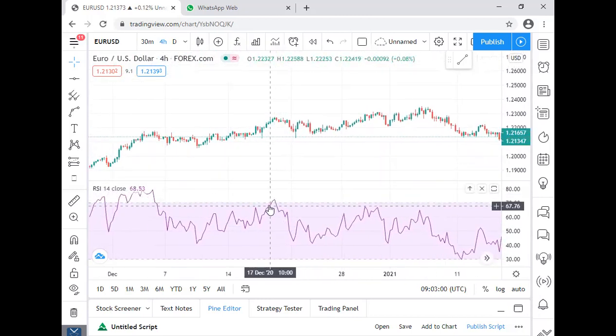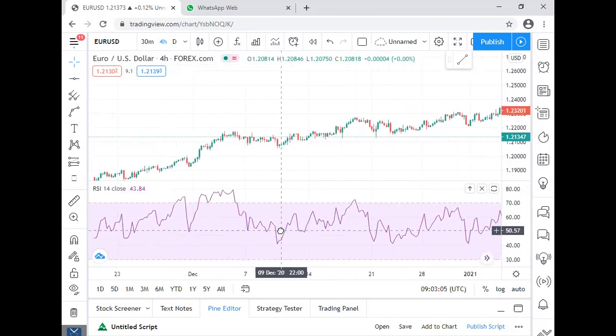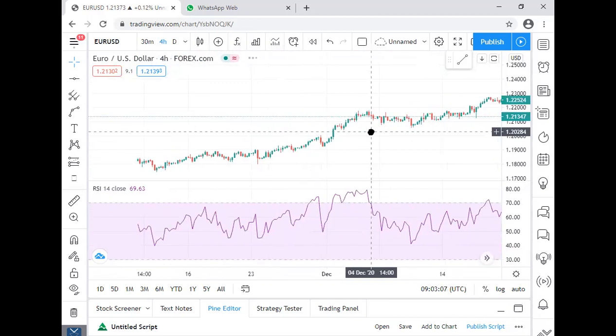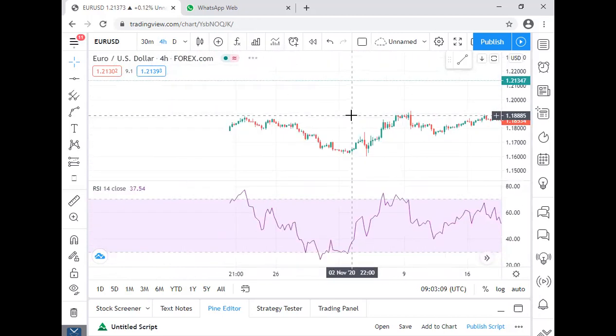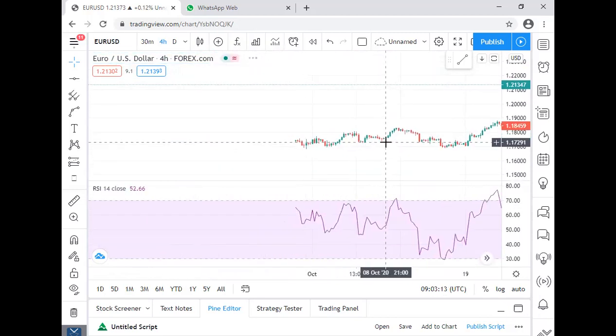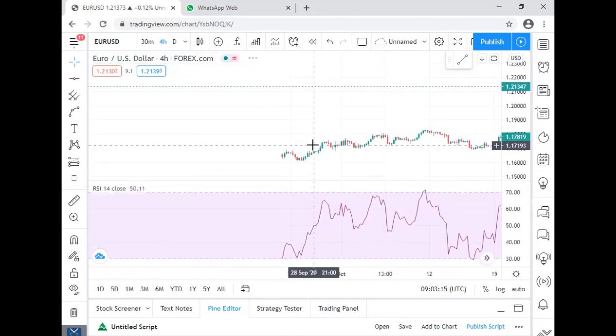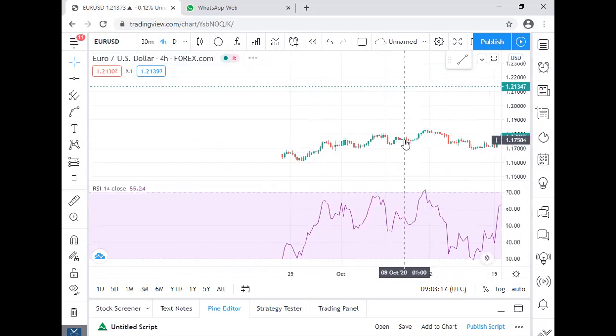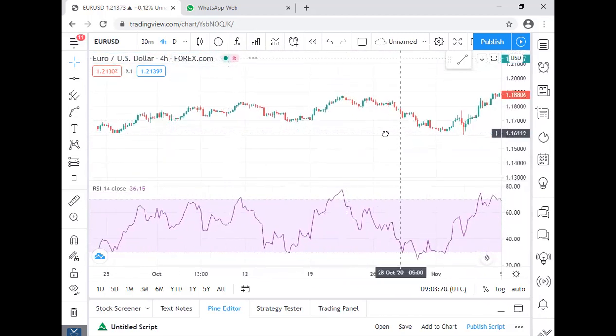At this point now, I'm looking for a place where we're in a trending market. Well, the movement of price has been very little.